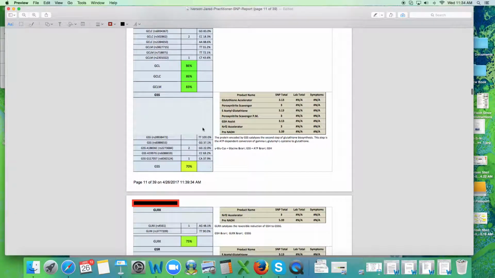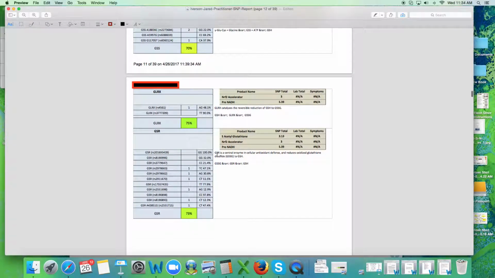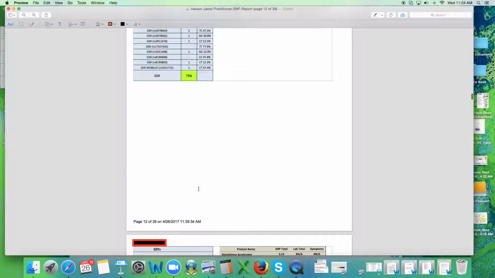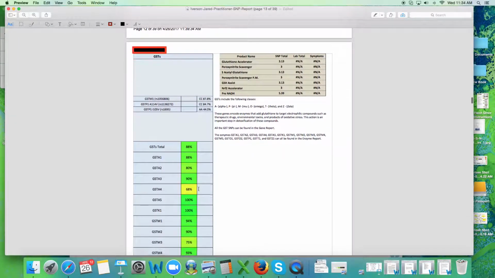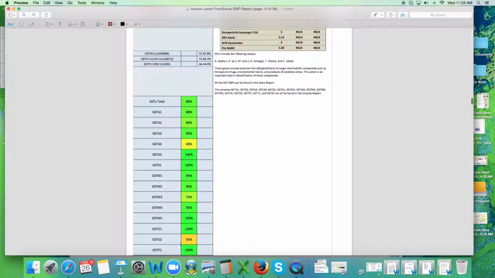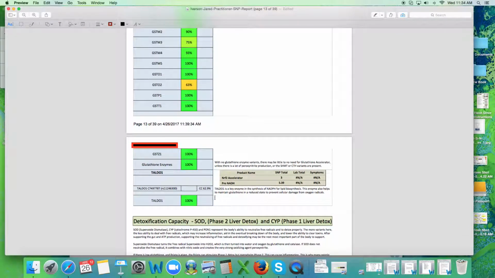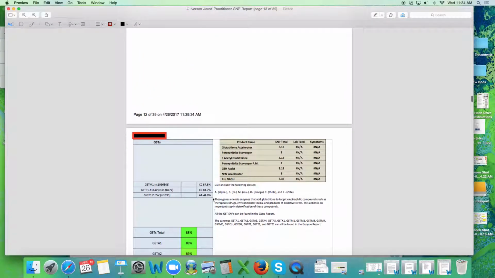And the GSS genes are really in fairly good shape too. Now, he's kind of an anomaly as far as my patients go, because he's got a lot fewer problems than a lot of my patients do. So these are the genes that we look at with a glutathione cycle. And my report tells you, hey, you've got pretty good function of most of the glutathione genes with this individual. So that's really good news for this person.